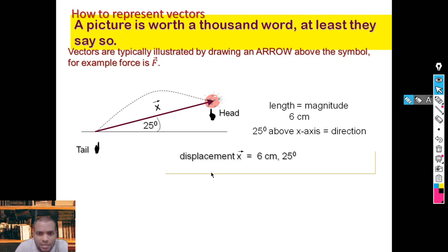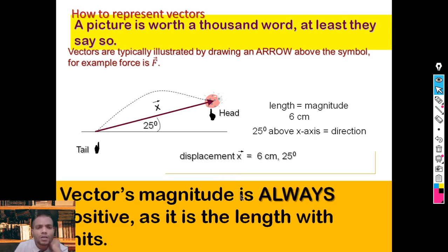So the first vector is displacement. Here the length of the arrow represents the magnitude of the vector, and the direction we need to specify. So the displacement x bar equals 6 centimeters at 25 degrees. The vector's magnitude is always positive, and it is the length with units.